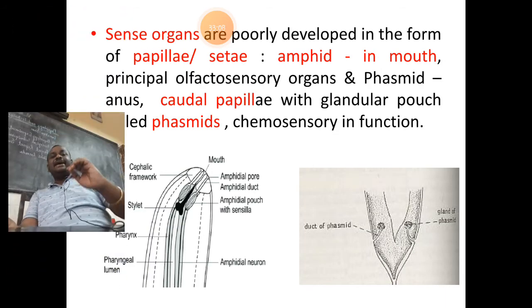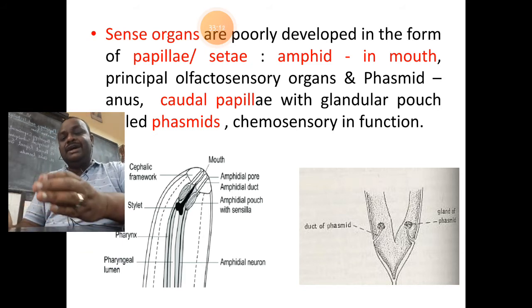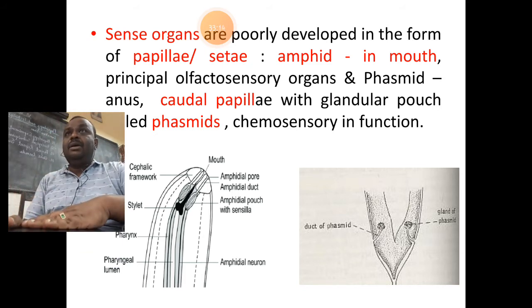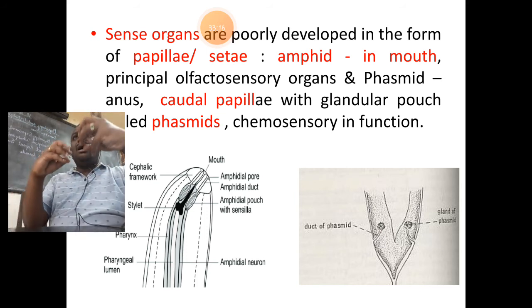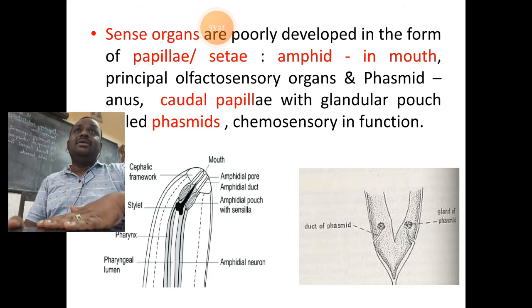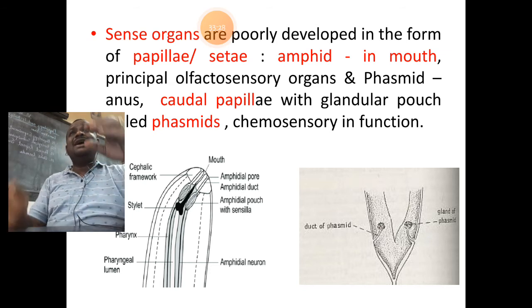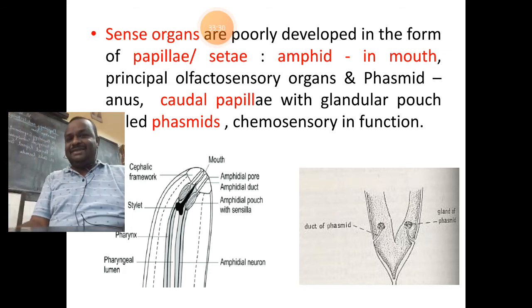Coming on to the sensory organs. We know that the nervous system is present, but there are also organs related to sensory activities. These organs are not that well developed in nematodes because they are restricted to only one particular place.